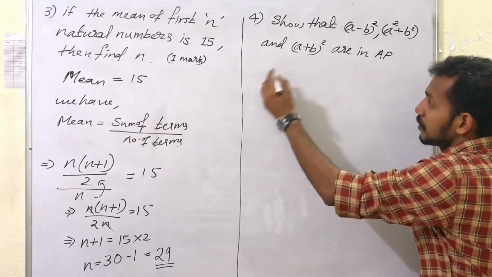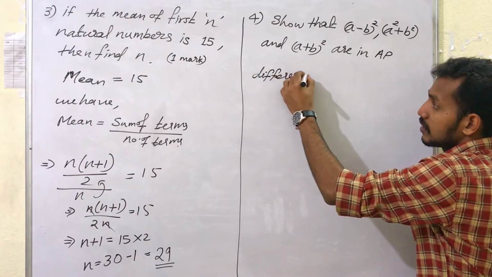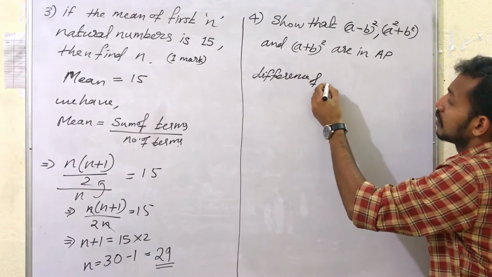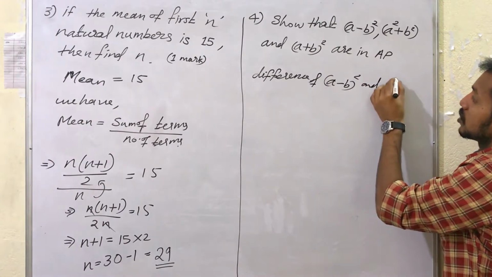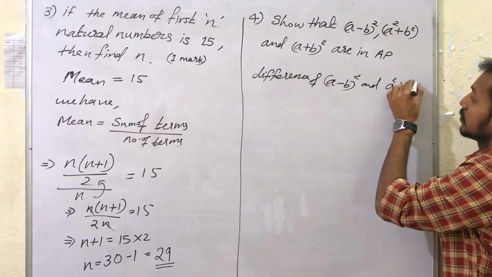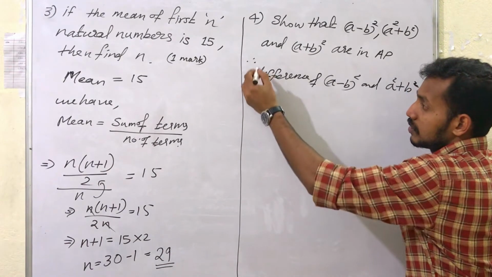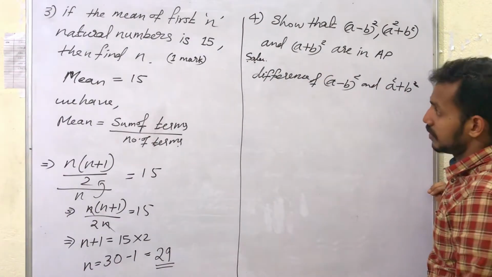So first find the difference of (a minus b) whole square and a square plus b square. Clear? That is what we need to find.